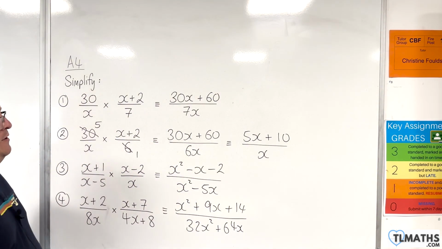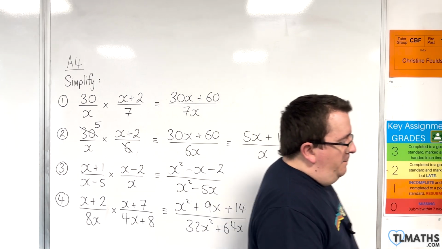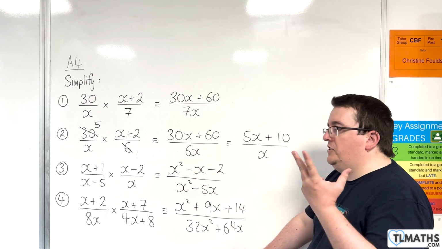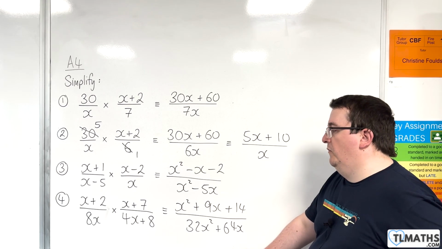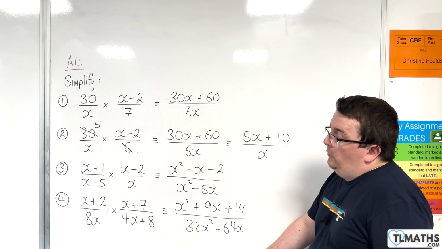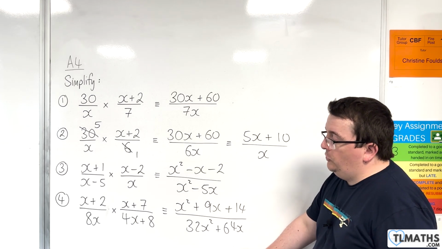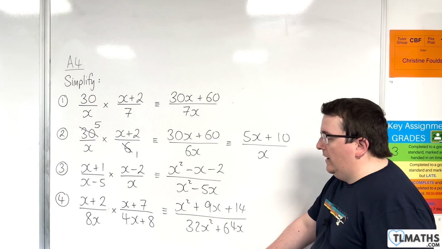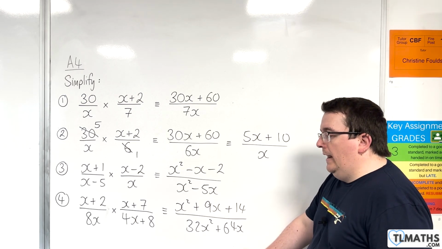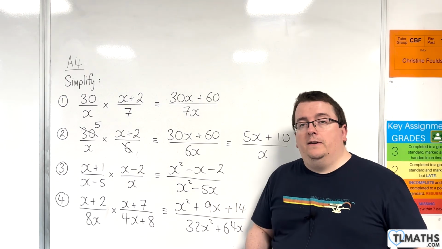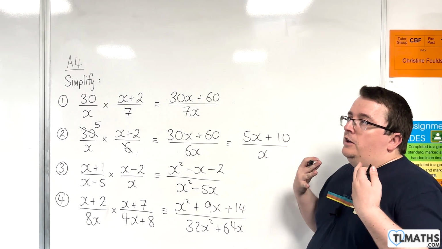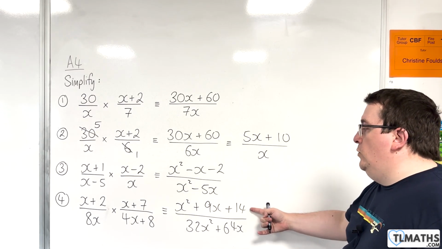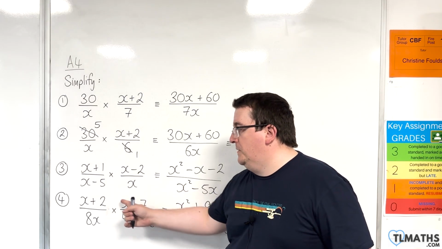And if you were asked to simplify that fraction, the method that you would use, you would either say to yourself, right, does it look like I can simplify anything? Not initially. The only thing that you could do to help yourself is to factorise the numerator. Now, we haven't got onto factorising quadratics yet. Well, quadratics of that form, I should say. So you either can do that now or you can't. But the point is that if you were to factorise the numerator, you get x plus 2, x plus 7.